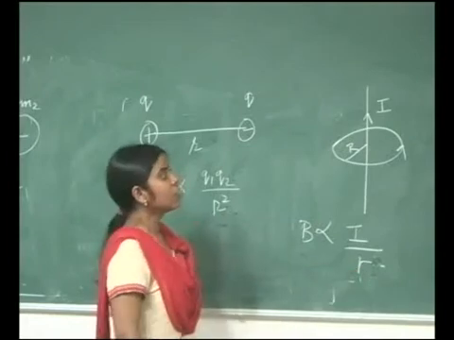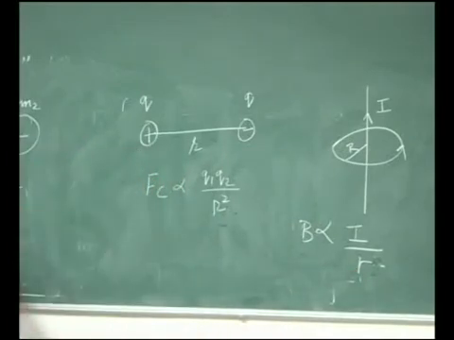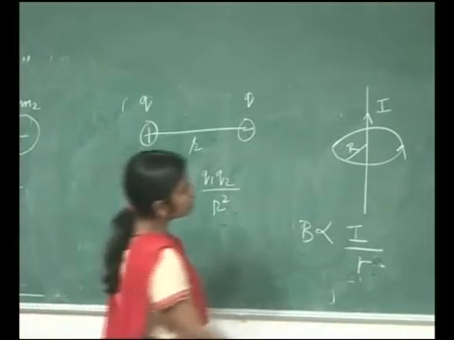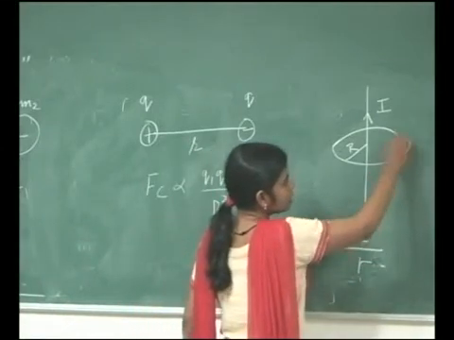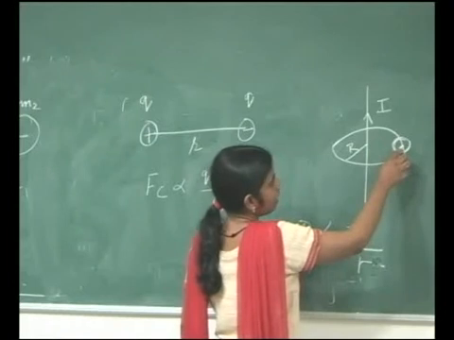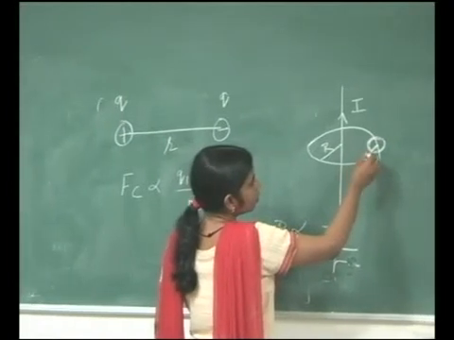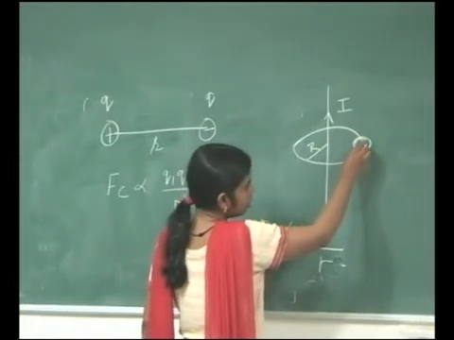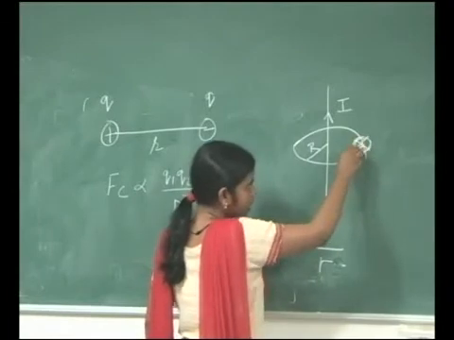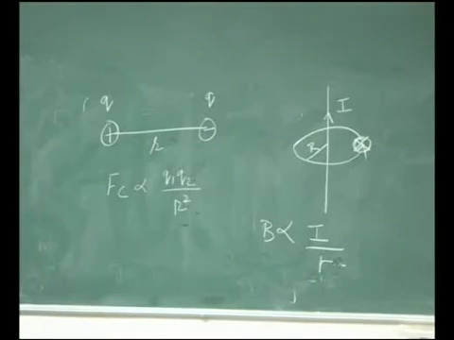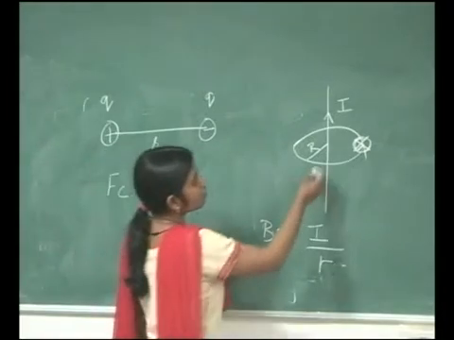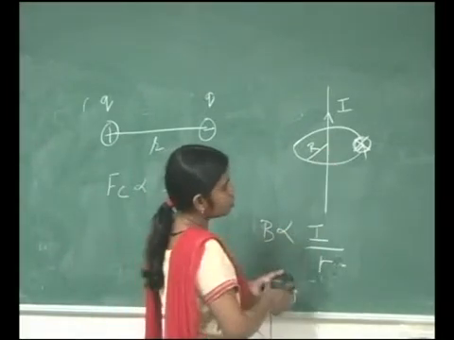Okay. Now, if I have a current carrying loop, then at this point the magnetic field would be pointing inside the board. Is it okay? If this loop goes like this, here it is a 2-dimensional picture.